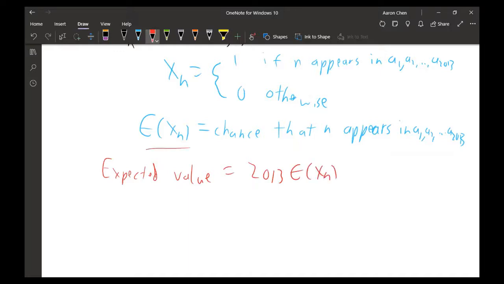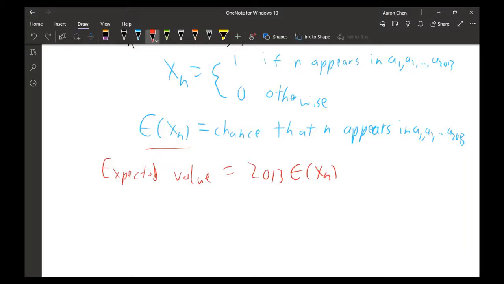And if you don't remember, E of x is the expected value of x. The reason for this is just because this E of xn is equal for all n, and the expected value is just the sum from n equals 1 to 2013 of E of xn.